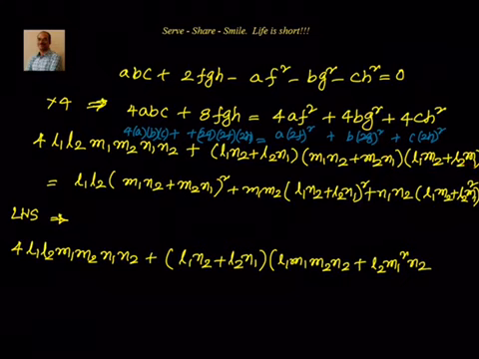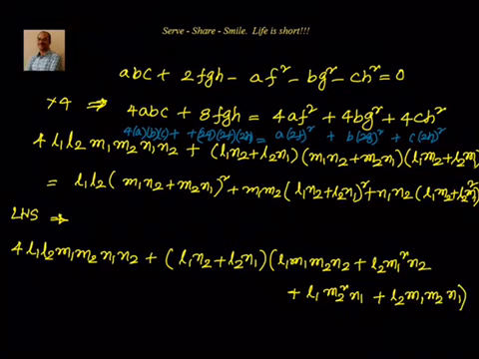The next step will be M2 N1 into L1 M2, which is nothing but L1 M2 square N1, plus M2 N1 into L2 M1, that is L2 M1 M2 N1. So these are our first 4 we got.